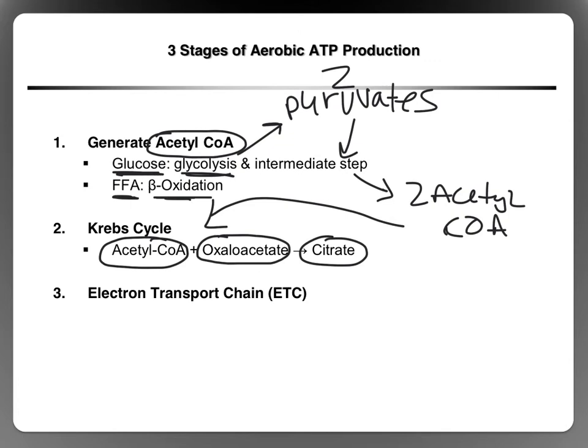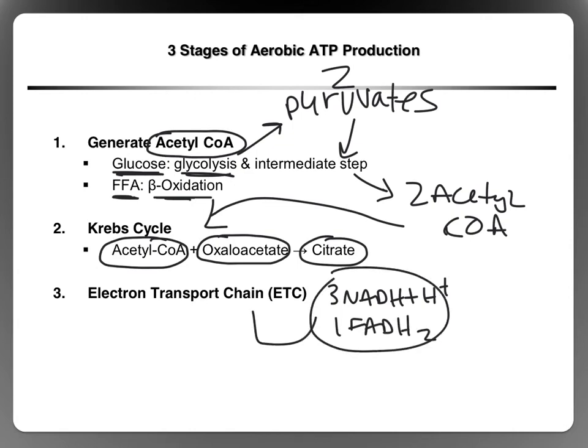Okay. And then as we go through the Krebs cycle, we produce 3 NADH plus H plus, and 1 FADH2, and those go on to the electron transport chain. We also produce 2 CO2, which are exhaled through the lungs, and 1 ATP. Okay?